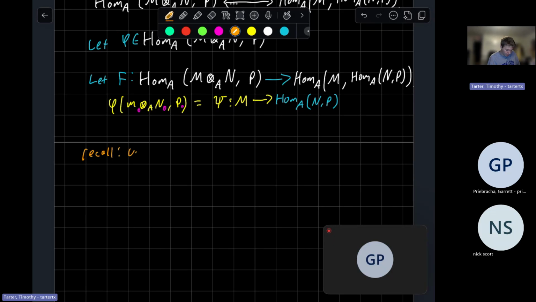So recall the universal property of tensors.